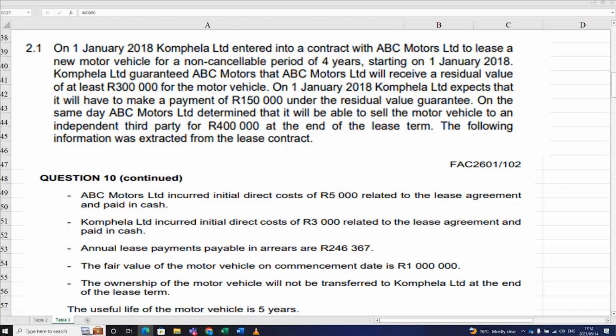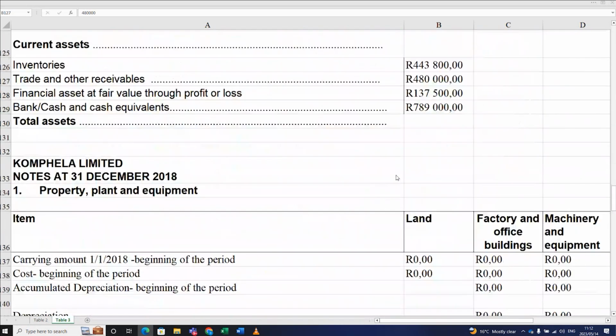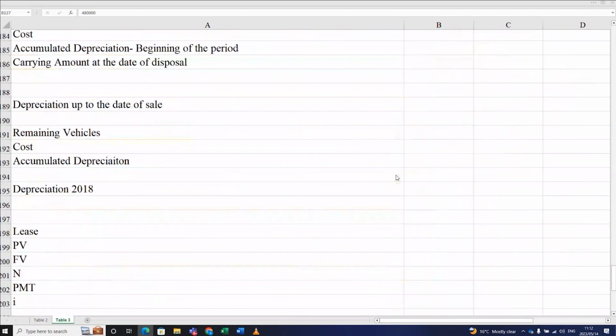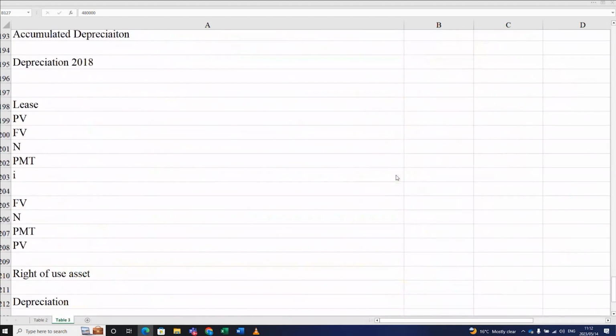Right, so when we're calculating the implicit rate in the lease, we've got the present value.